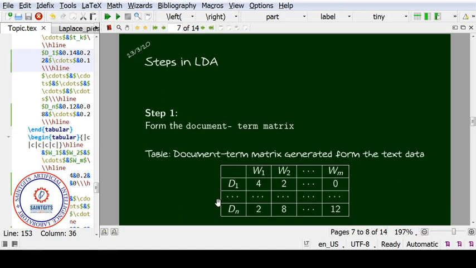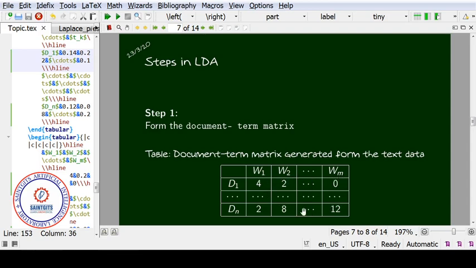Steps in LDA. As a first step, we form a document term matrix. A document term matrix is a frequency table. This frequency table contains rows and columns. The rows are documents and columns are terms or words. For example, I have 20 students in my class and I ask everyone to prepare a resume. So I have 20 documents, that is D1, D2, D3, etc., D20. Then each document contains words. I assume there are m words, W1, W2, etc., Wm.